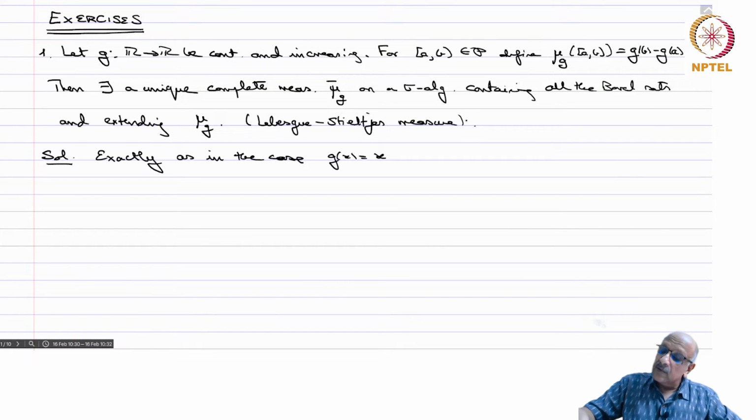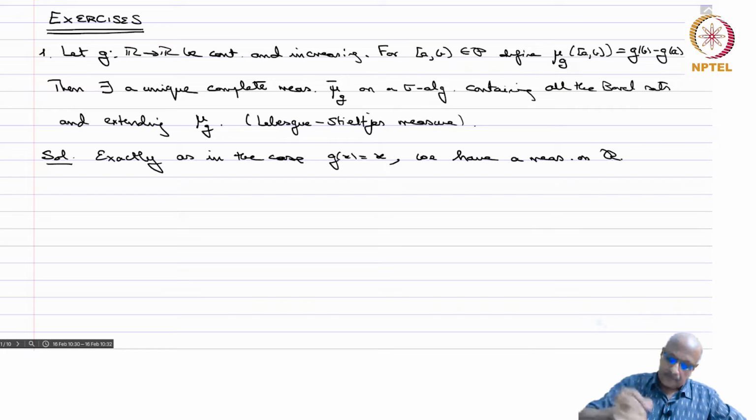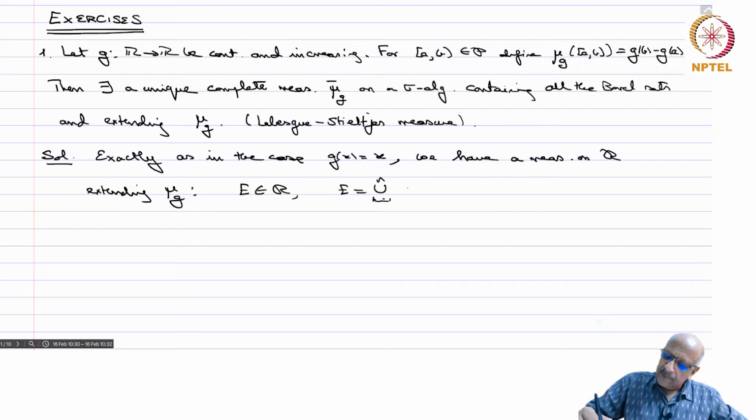Because then mu G is nothing but B minus A. Exactly as in the case G(x) equals x, we have a measure on R extending mu G.